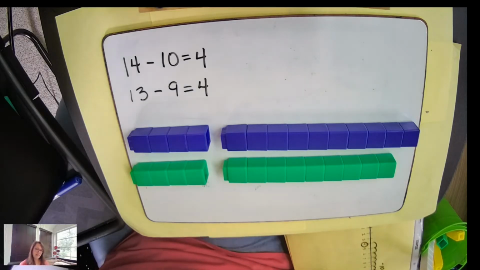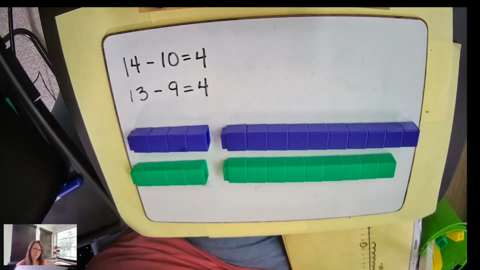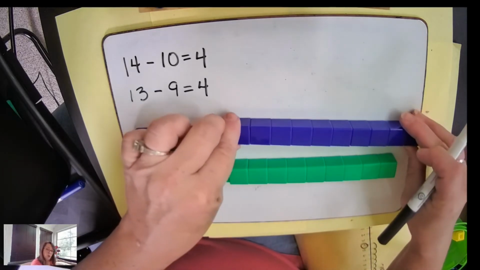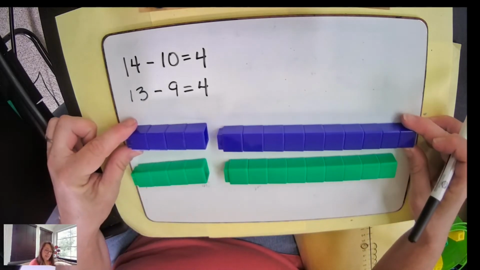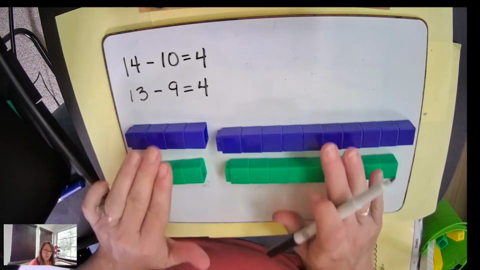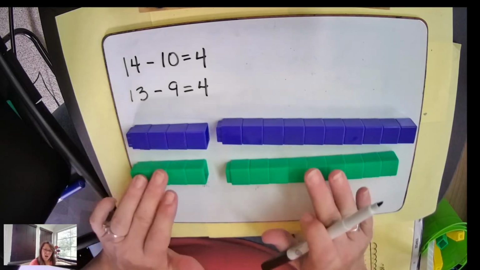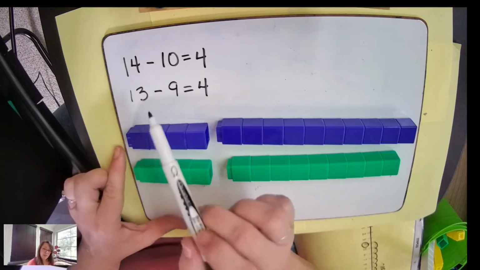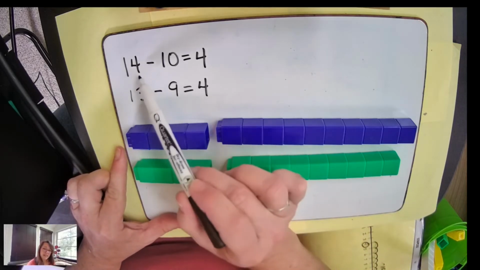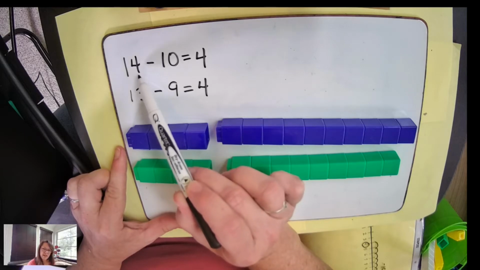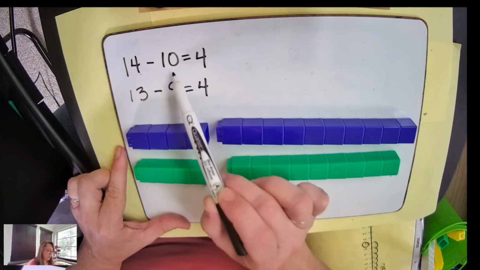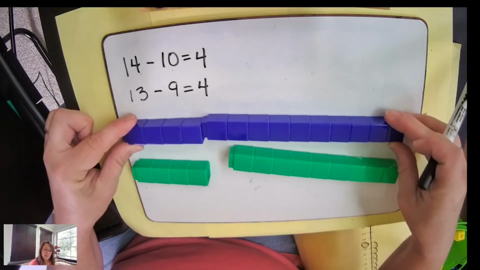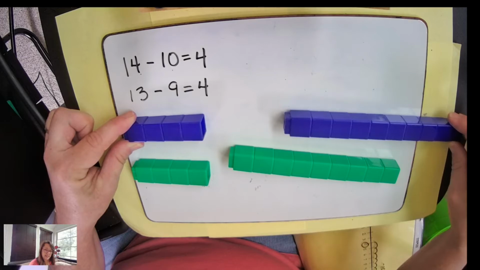Torian, I see that you have an idea that you'd like to share. Okay, Torian says that these two problems are essentially the same. The difference is that in this problem, we started out with 14 and we subtracted 10.